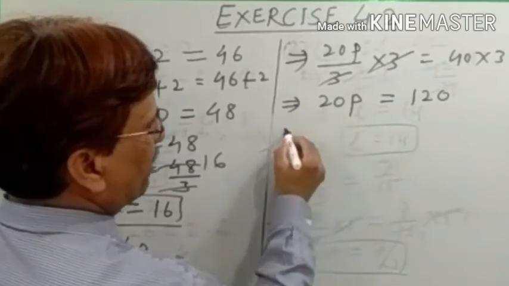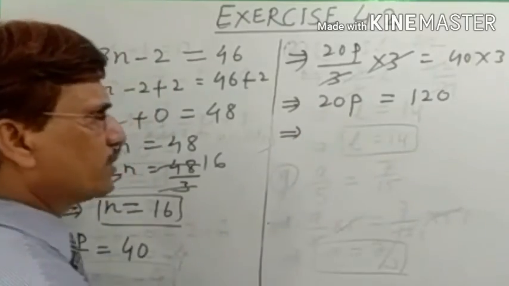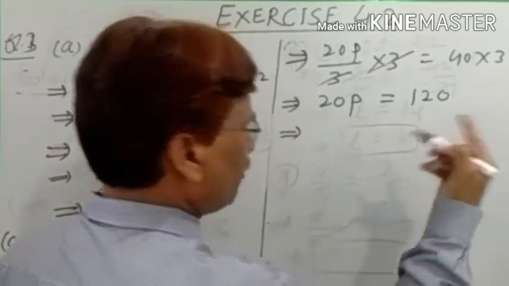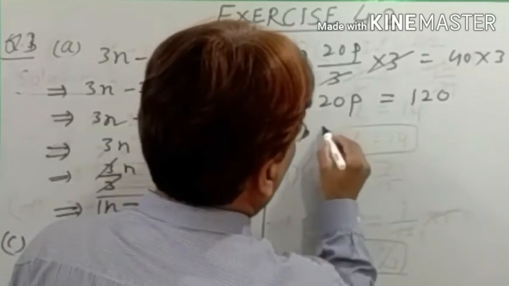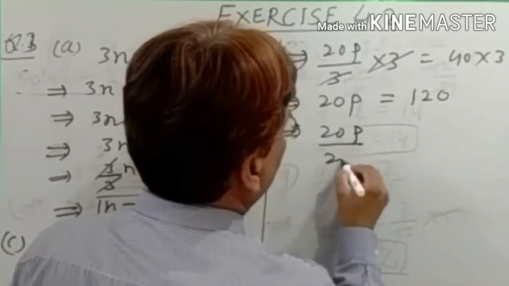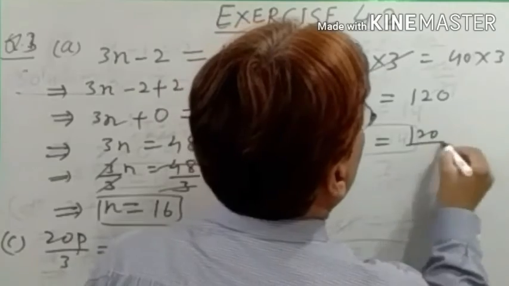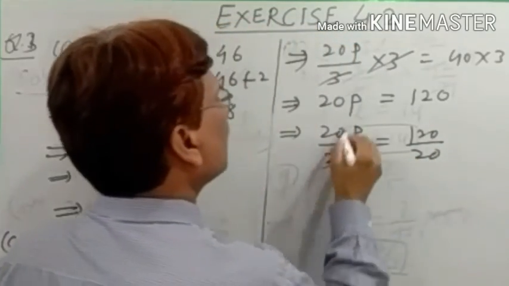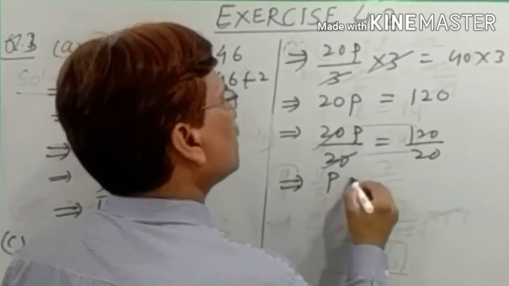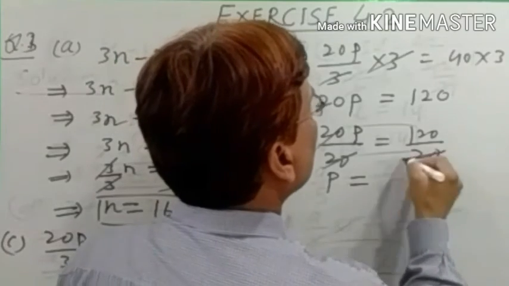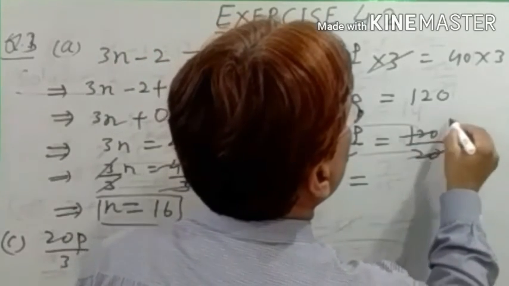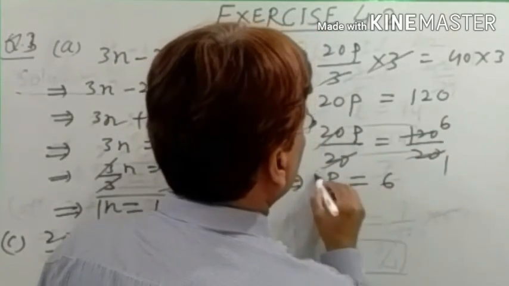Now 20 multiplied by p, so dividing both sides by 20, 120 upon 20, cancel, p is equal to 6.